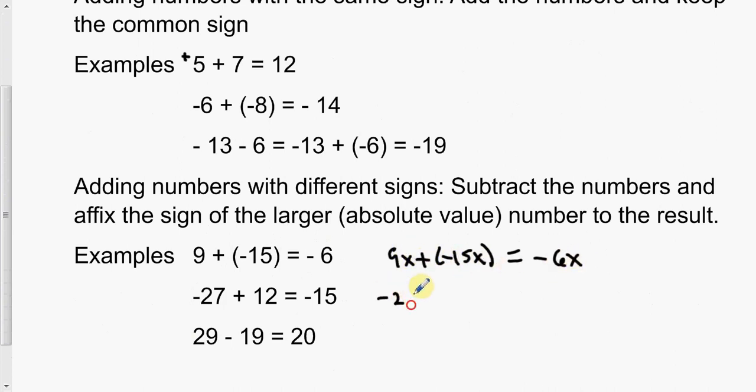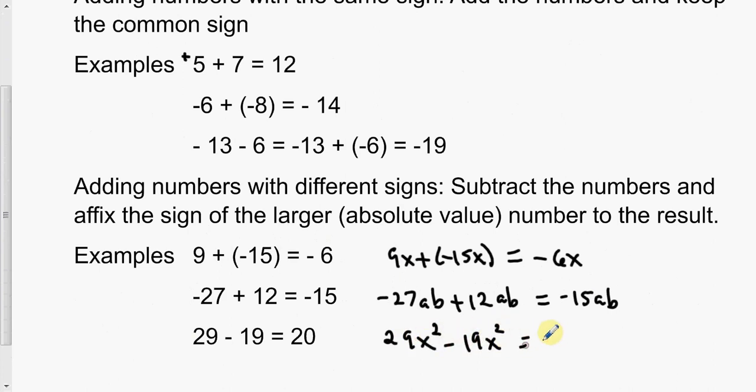If you had -27ab plus 12ab, this is -15ab. 29x squared minus 19x squared is 20x squared.